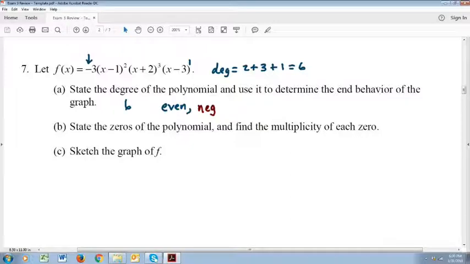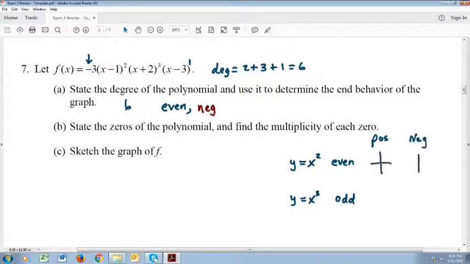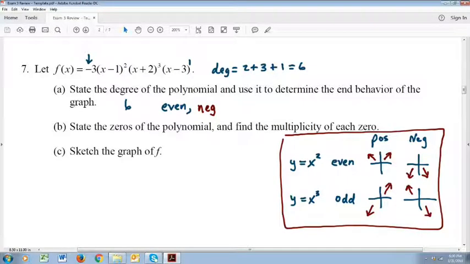So I want to remind you there's four cases basically. I'm going to go ahead and just put this down for you guys. These are the 4 cases. This is from section 3.2.